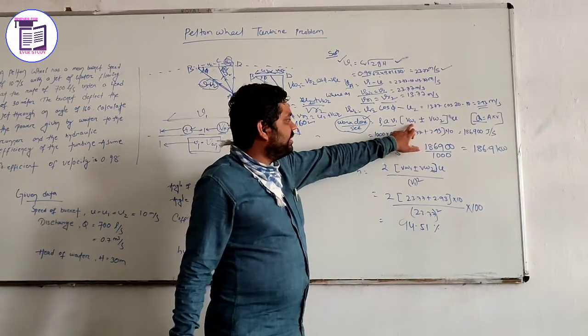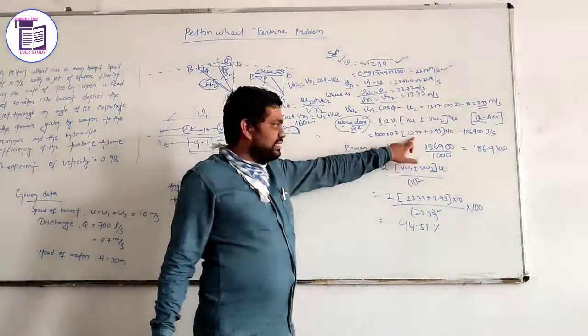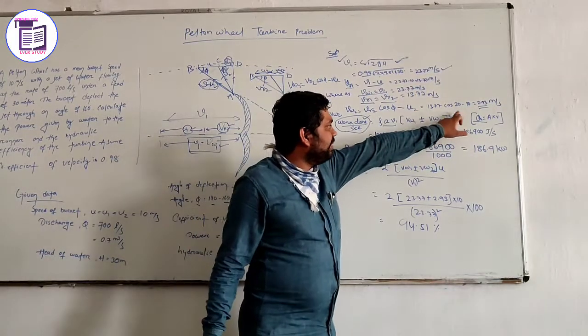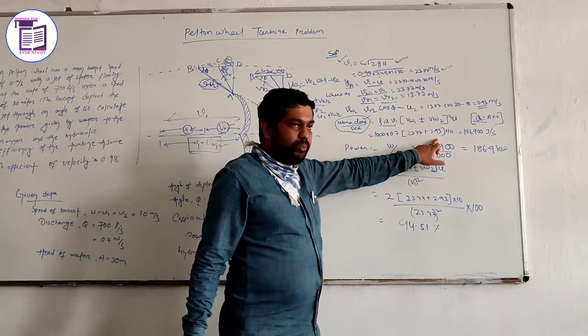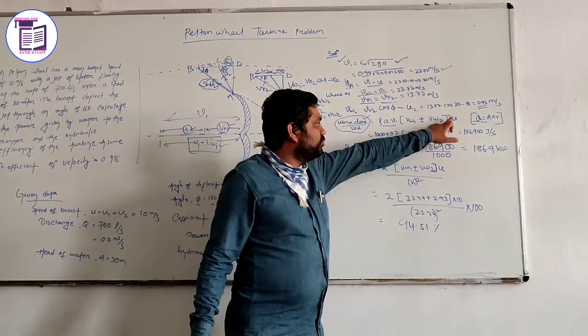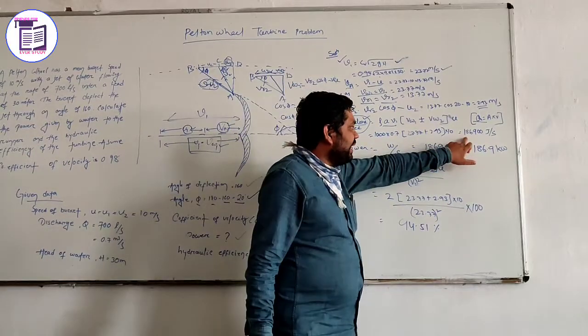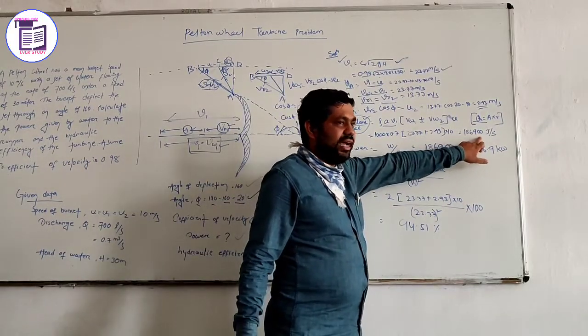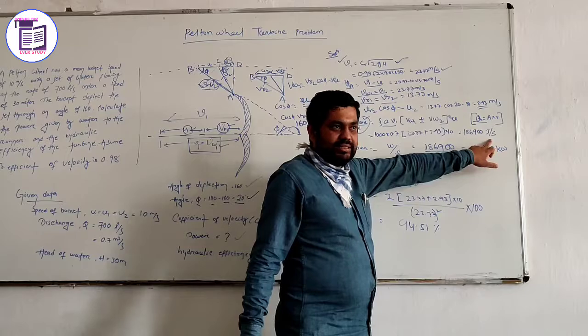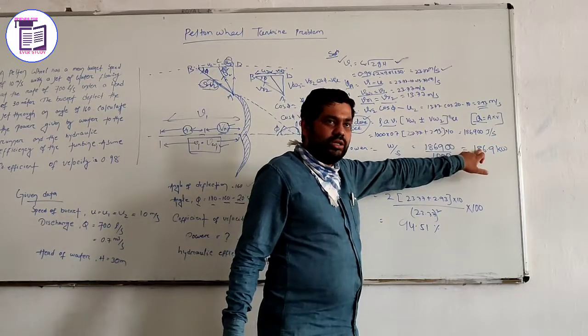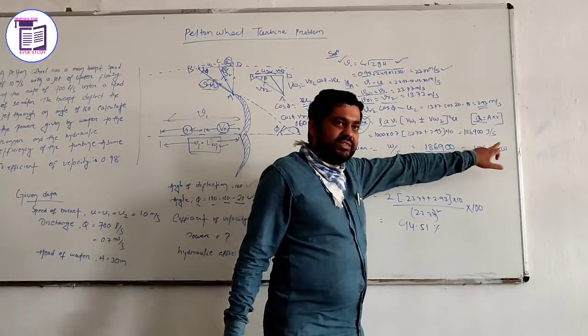VW1 is 23.77, VW2 is 2.93 and velocity U is 10. If you get this product value, you will find 1,86,900 joules per second. This is because it is work done, that's why it is joule, with respect to time, that's why it is per second.